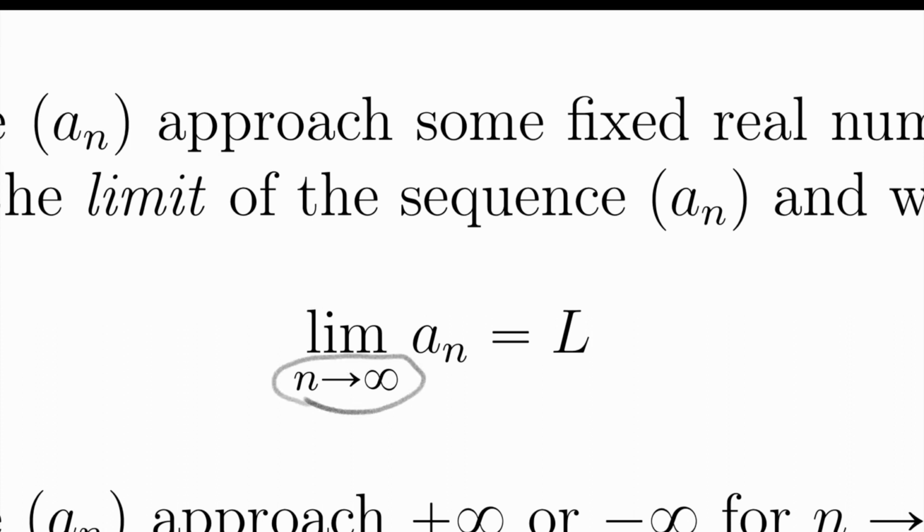So we're interested in what happens if n grows larger and larger. And then we say an approaches a limit L, or more mathematically, the limit of n towards infinity of an is equal to L.